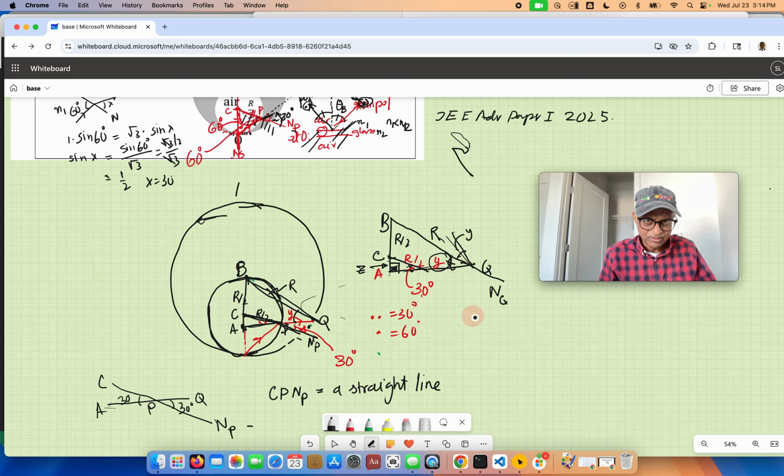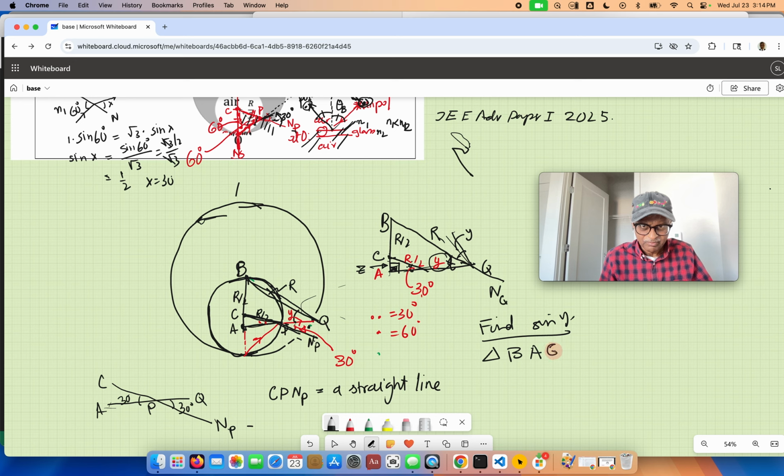So this is also Y. So the question is to find sine Y, and it turns out in triangle B A Q, if I get this divided by that, that's going to be sine of Y. So sine of Y will be R over 2 plus Z divided by R. Okay, so we need to figure out Z.